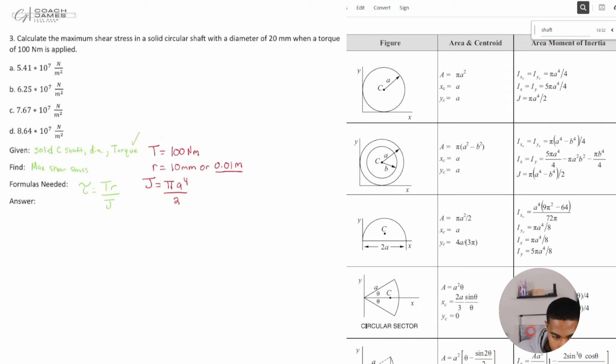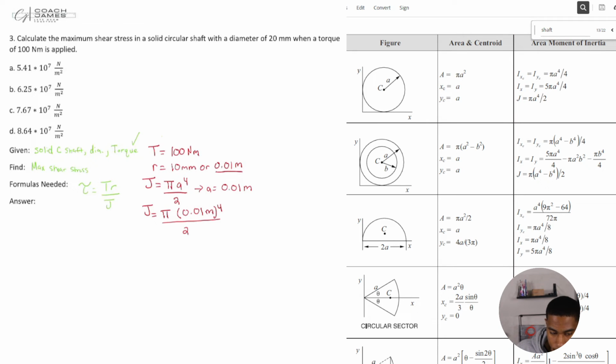So J is equal to pi times 0.01 meters to the fourth, all over 2.